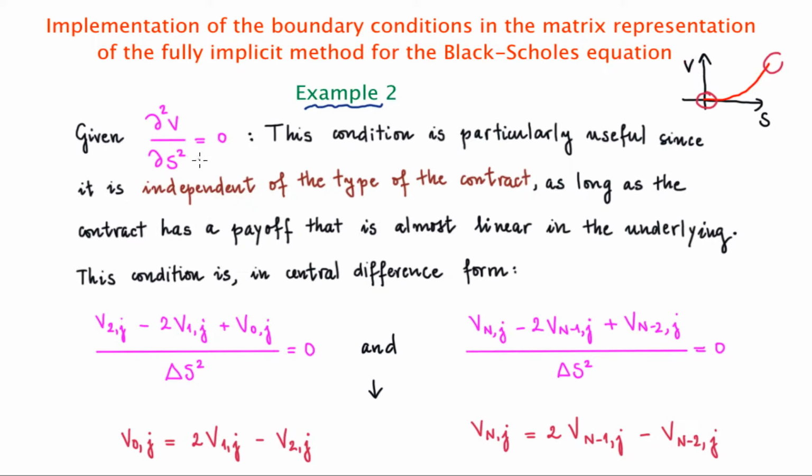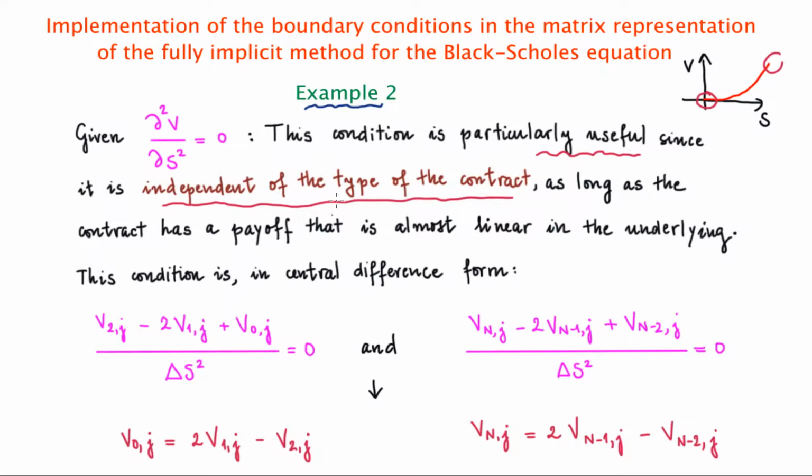In this case, it's general because it's independent of the type of the contract, because it's satisfied both for call options, for put options, or for different options. So that's why it might be quite useful.